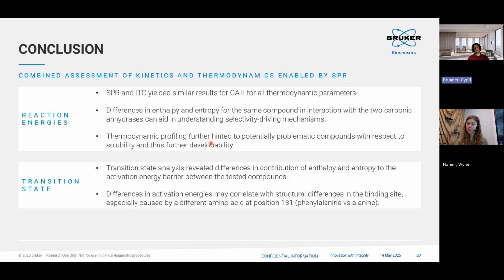When we looked at the transition state, we saw there that the transition state analysis revealed differences in the contribution of enthalpy and entropy to the overall activation energy of the compounds we tested.